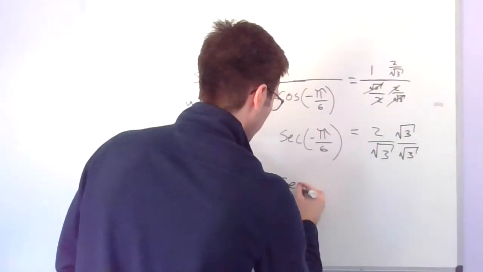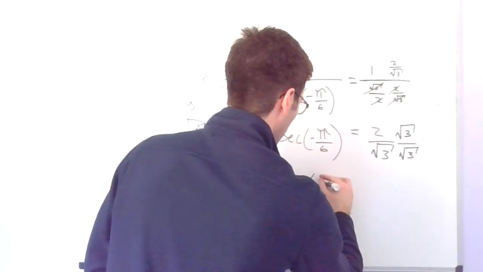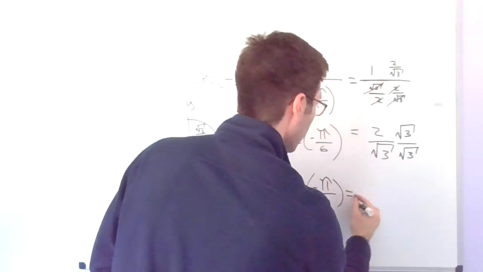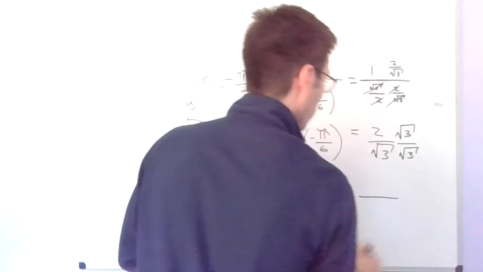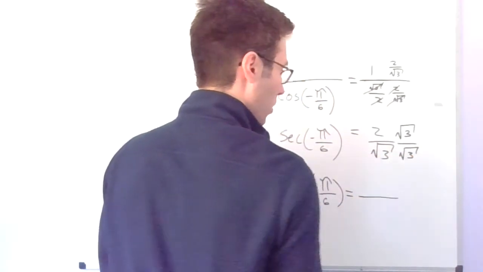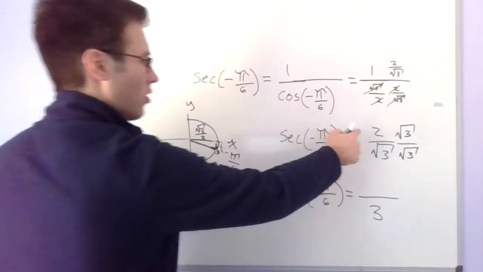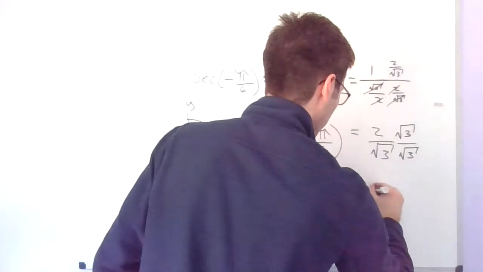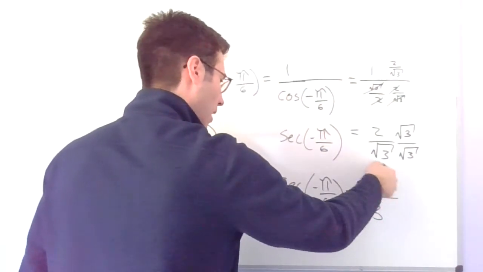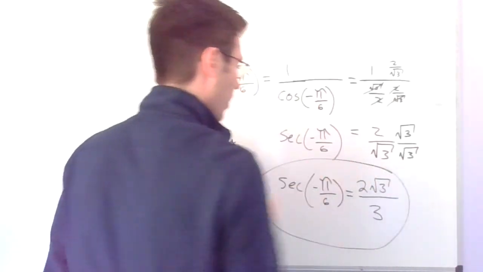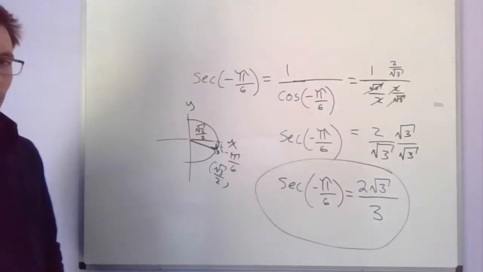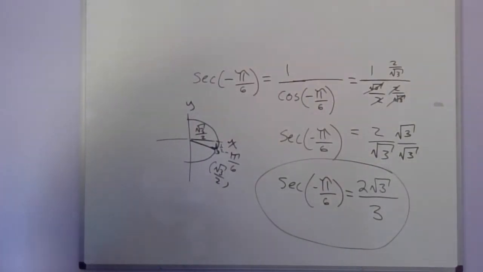So therefore, secant of minus pi over 6 must be equal to, square root 3 times square root 3 is a 3, and then 2 times square root 3 is just 2 square root 3. Our radical is in the numerator. It's good, and then we leave it like that. And that's how we would figure out what secant of negative pi over 6 would be.